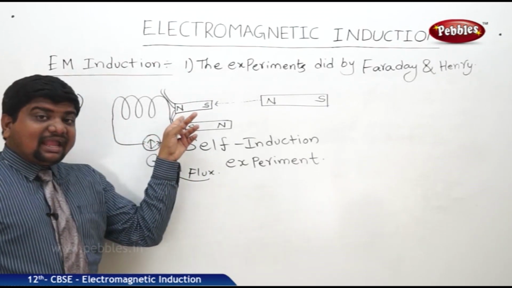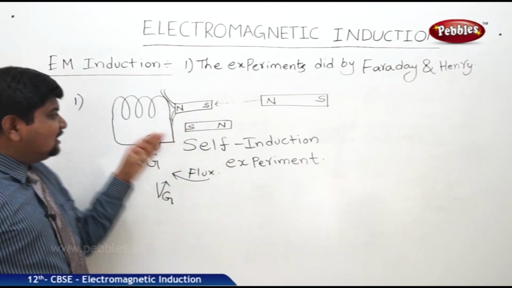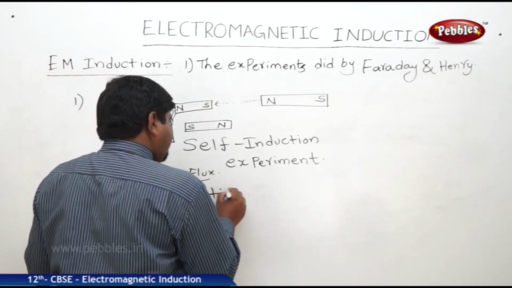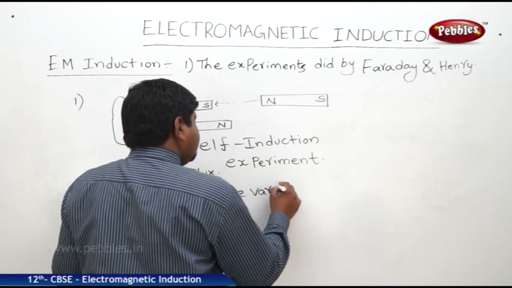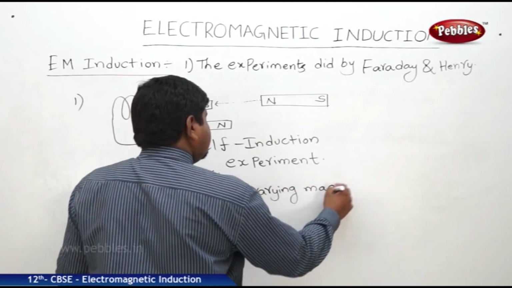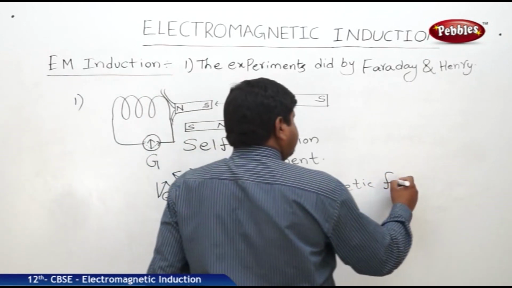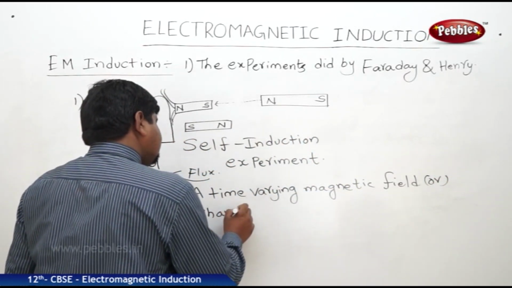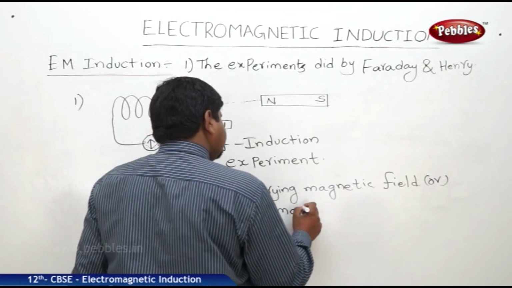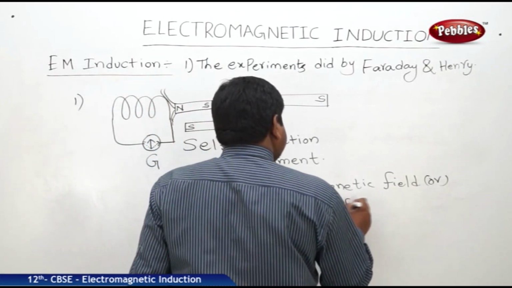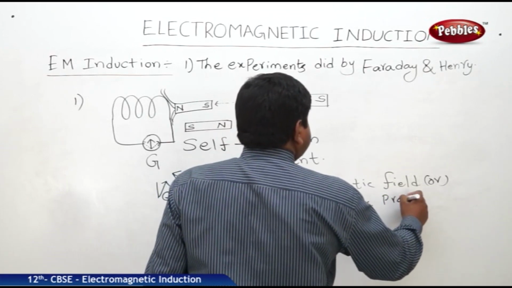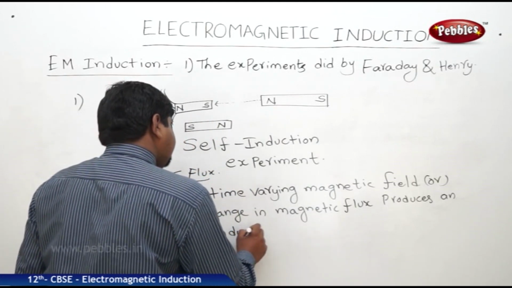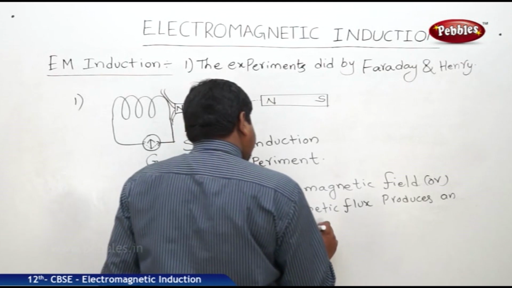A time varying magnetic field, or a change in magnetic flux, produces an induced EMF in the coil.